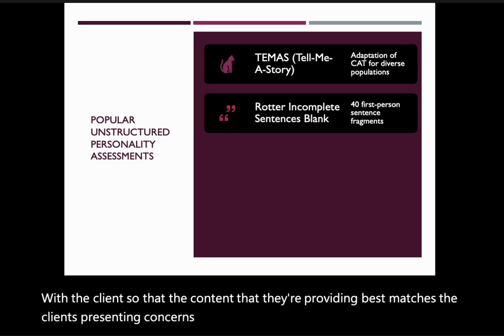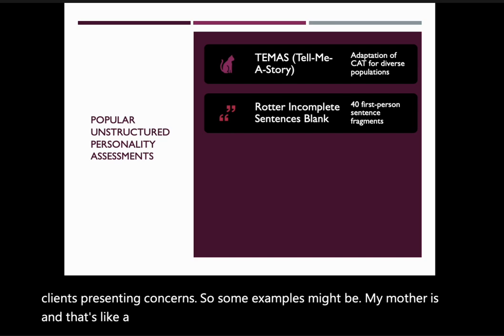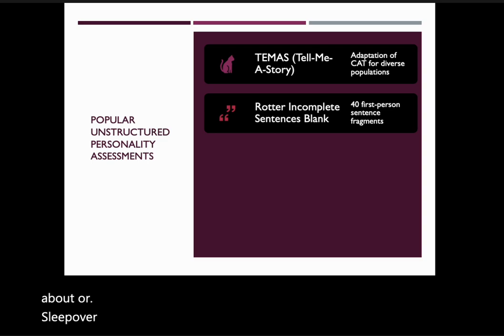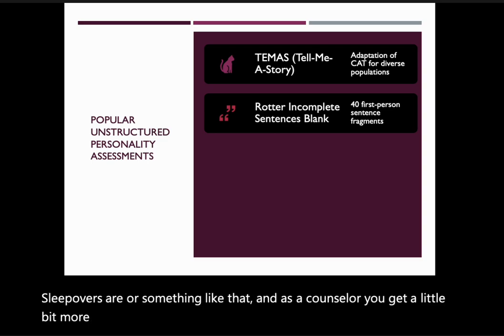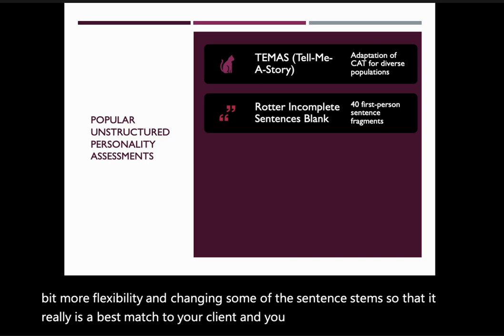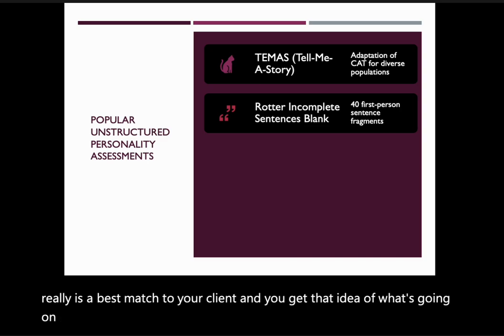So some examples might be, my mother is, and that's like a standard Rotter incomplete sentence, or I feel this way about, or like, sleepovers are, or something like that. And as a counselor, you get a little bit more flexibility in changing some of the sentence stems so that it really is a best match to your client. And you get that idea of what's going on for them inside.